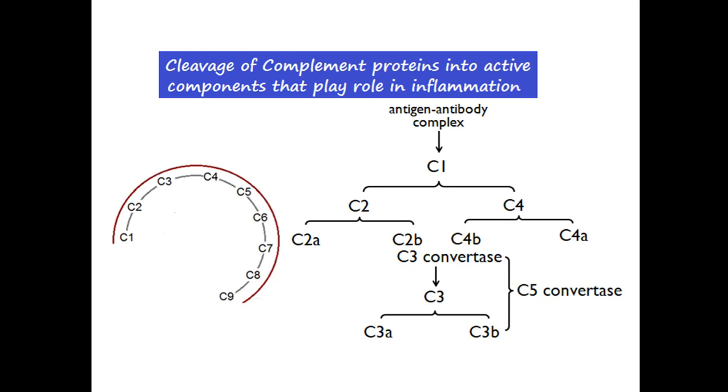This C3 convertase will break down C3 into C3A and C3B, and all of these components have their roles in inflammation. Now, the C3B, along with C3 convertase, will form the C5 convertase, and C5 convertase will break down the C5 component into C5A and C5B.